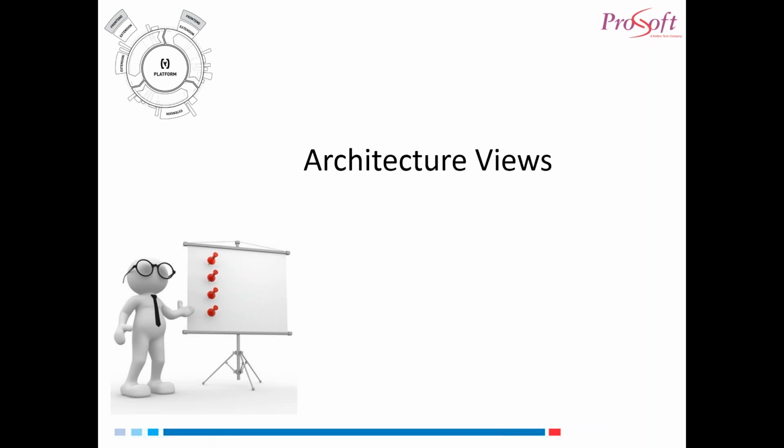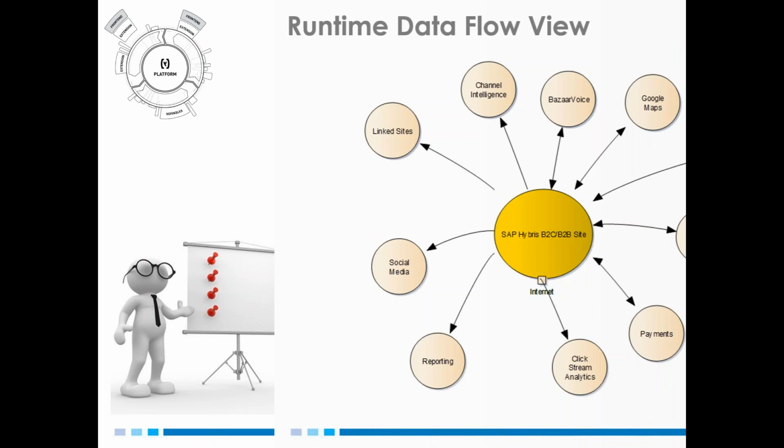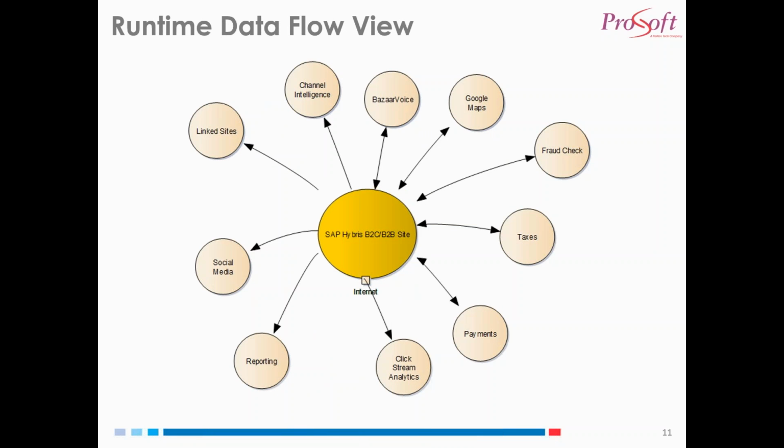So with that in mind, what we need to see is a high-level view of the runtime data flow when something is in production. This is my B2C and B2B site, and where I am taking all the things into account when it moves.